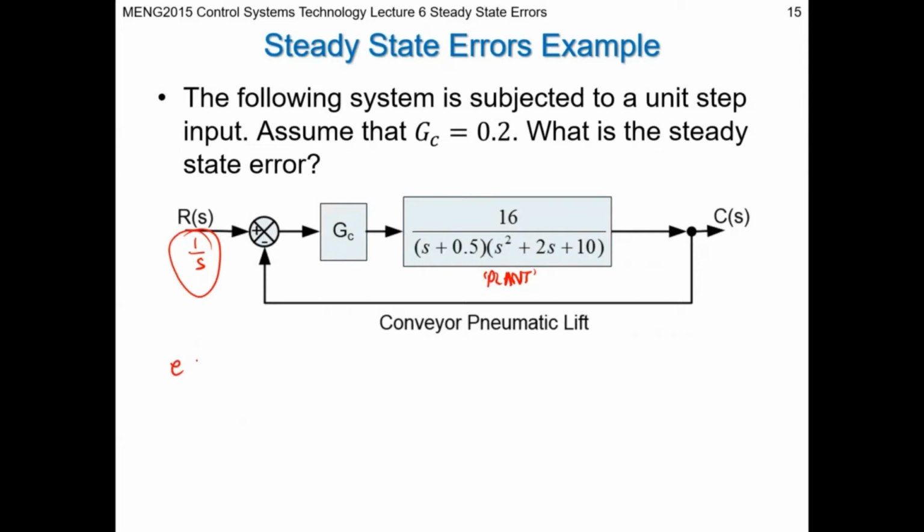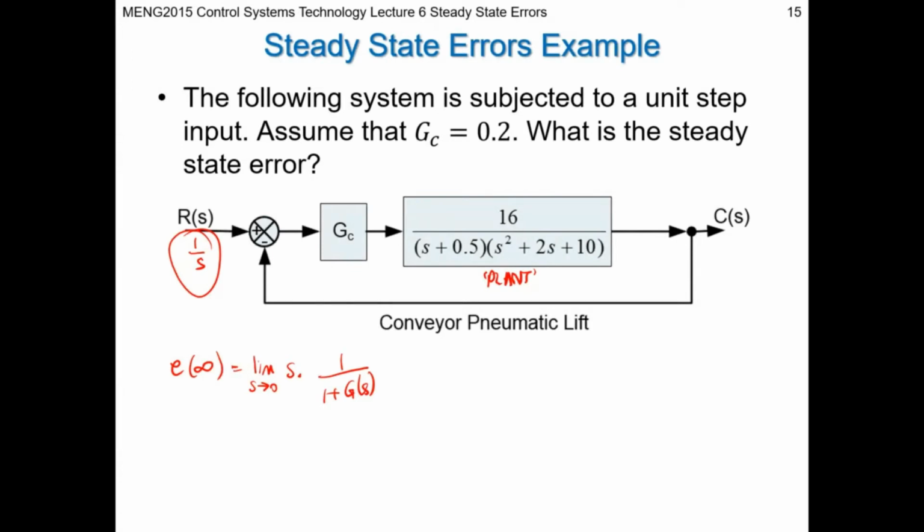Well, we know our steady state error E at infinity is going to be equal to the limit as S goes to 0 of S times 1 over 1 plus G(S), right?